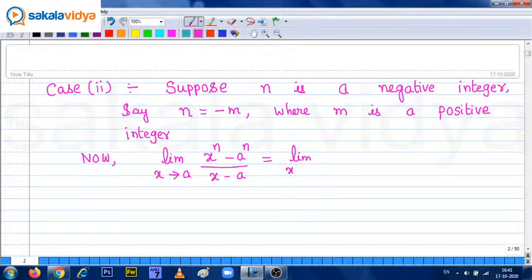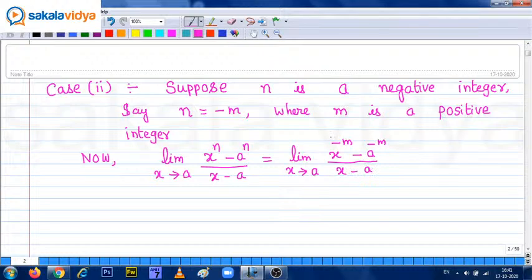Limit x tends to a, x to the power of minus m minus a to the power of minus m upon x minus a.